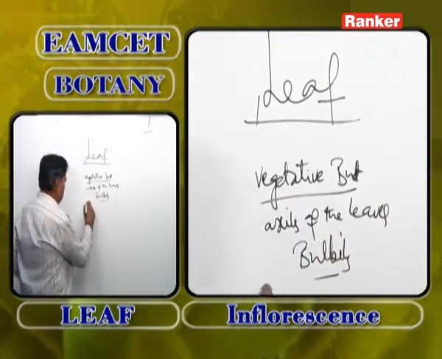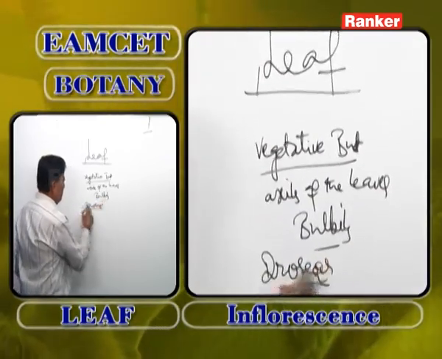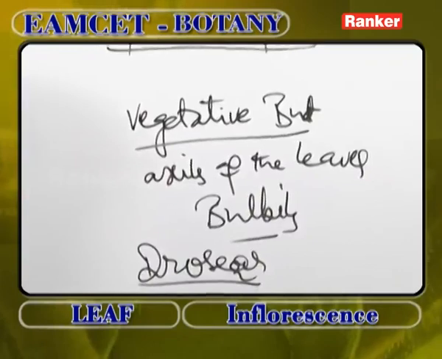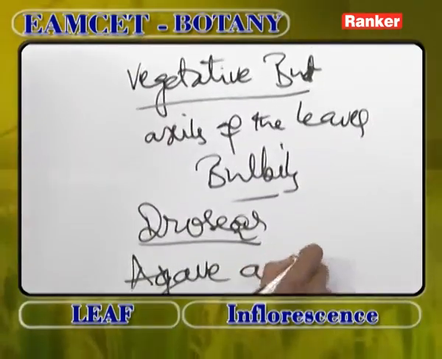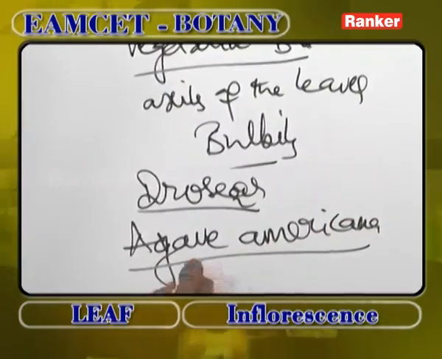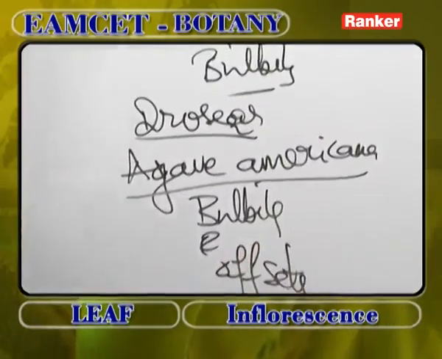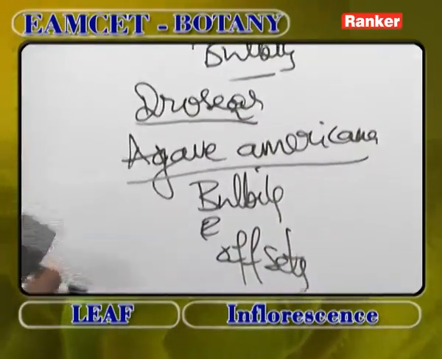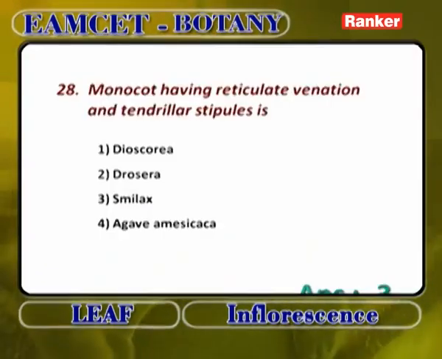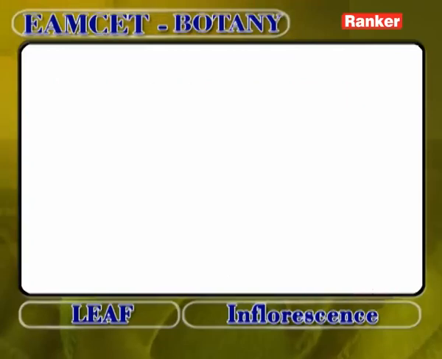Then Drosera, as I told, is a sundew plant with tentacles. Agave americana is a plant with both bulbils and offsets. The only terrestrial plant with offsets is Agave americana. It also shows bulbils. So the vegetative bud in the axils of the leaves becomes a bulbil in Dioscorea. In the case of Drosera, glandular tentacles will be there. In the case of Agave americana, you will find two options: both bulbils and offsets. So answer for this is smilax.